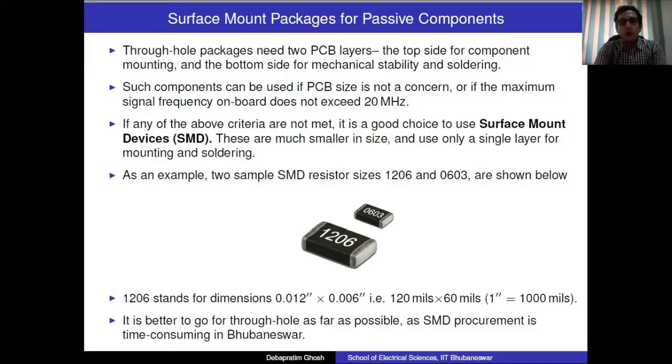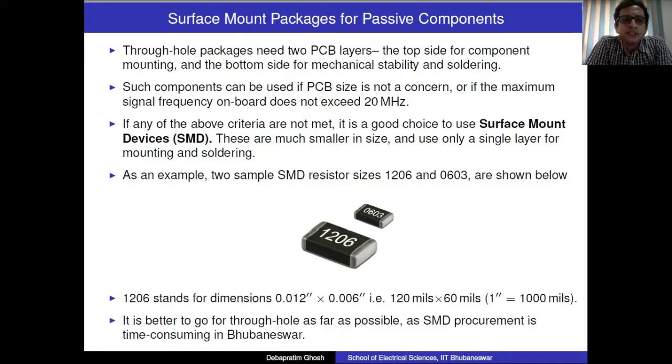So this is one drawback of using through-hole packaging components. That is, you will need two layers. So therefore, you will need to drill holes. But they are very easy to use, and drilling holes these days is no longer a big concern. We have automated machinery for that.